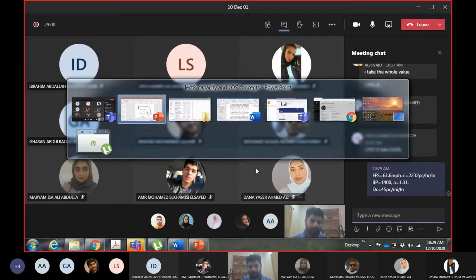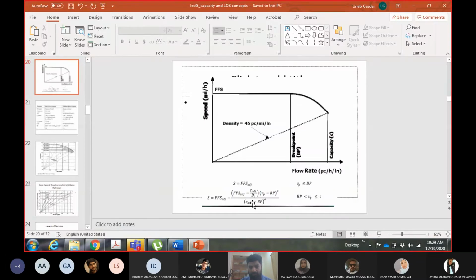So you have the values. Calculate S using this equation.